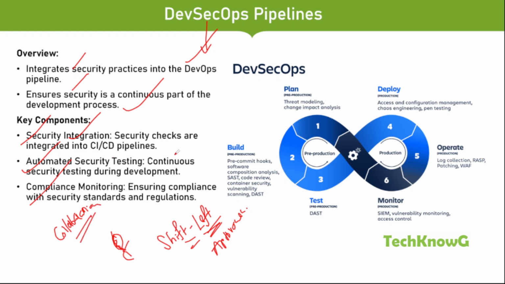These all we can say. Continuous security testing during the development and ensuring compliance monitoring. Compliance monitoring is nothing but you can also set some policies here. Let's say for Amazon or Flipkart, any application, they will be using a payment gateway, right?